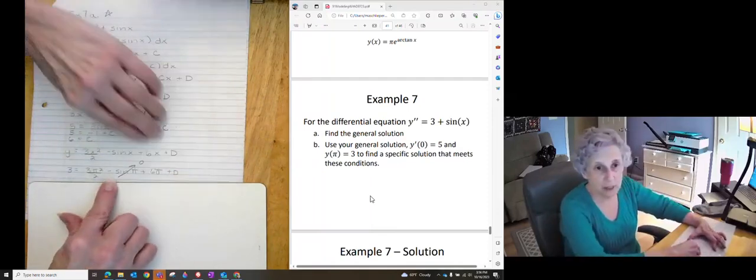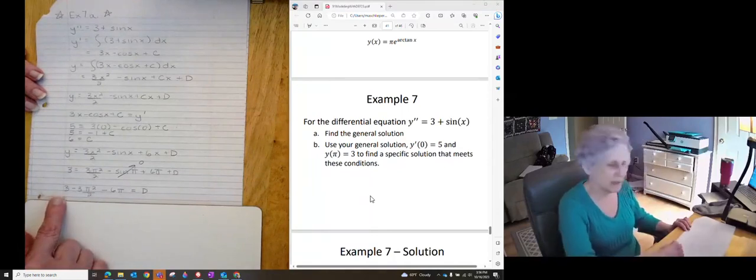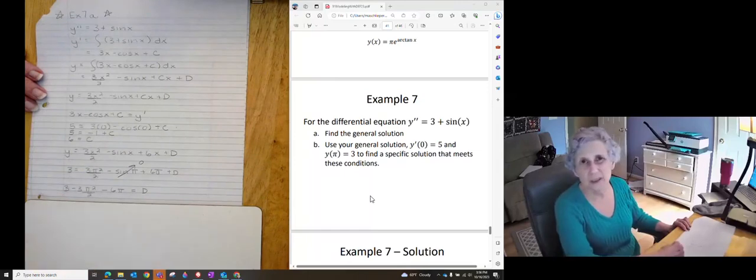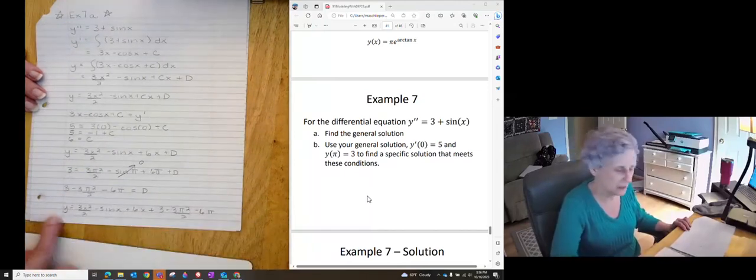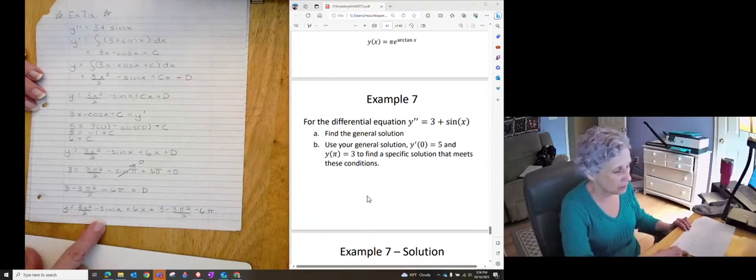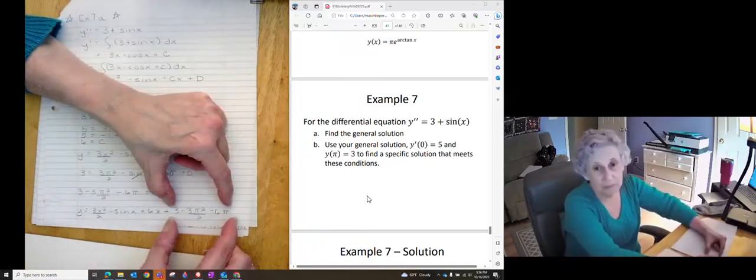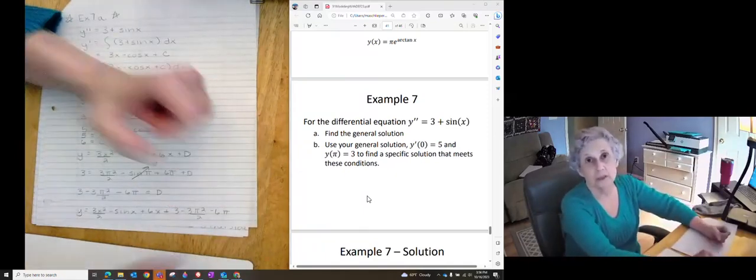Luckily, sine of pi was equal to 0, so that made it slightly simpler, but I still ended up with a pretty complicated constant. So my function is equal to 3x squared over 2 minus sine x plus 6x plus d, which is this constant.